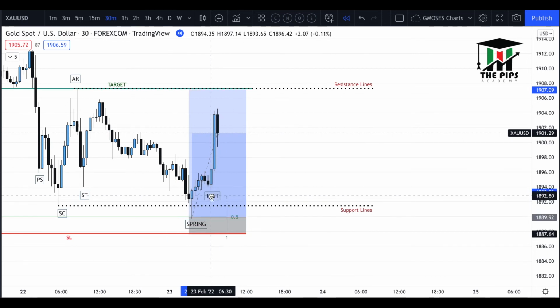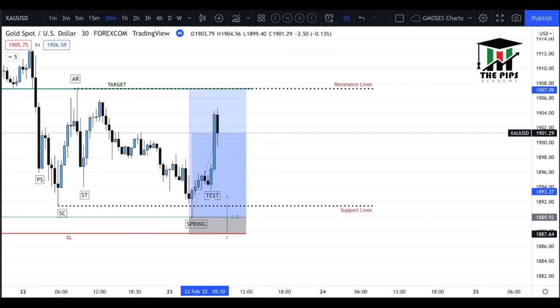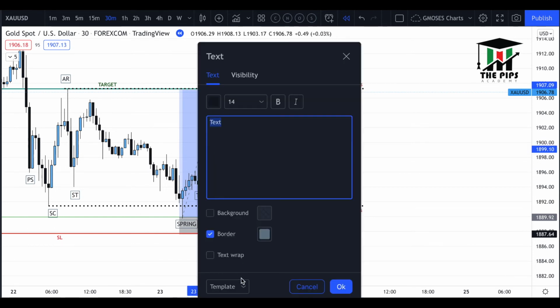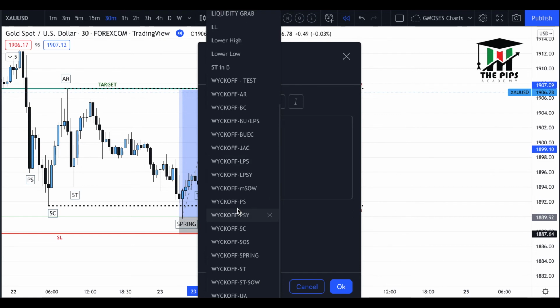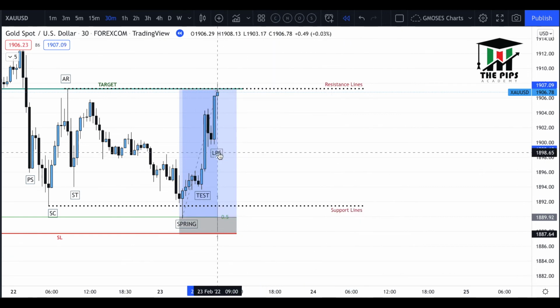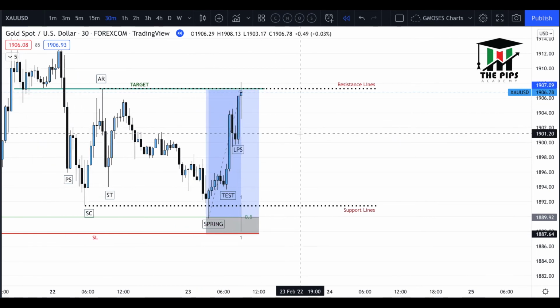And then from there, you get one last point of support right there. That area there is considered as your LPS, last point of support. So after it gave me that area there, it shot right up to entry.